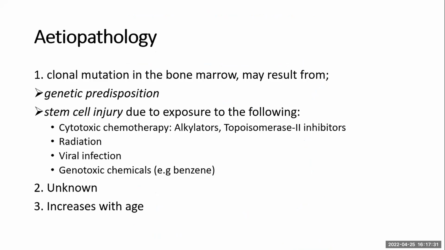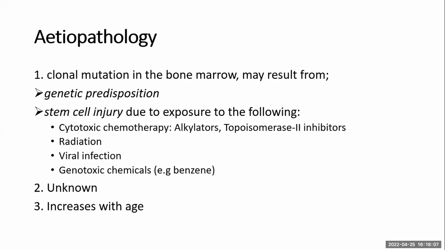So in terms of pathophysiology, usually there is a clonal mutation in the bone marrow that may result from things like genetic predisposition, for example, in families with germline mutations, or it may be due to stem cell injury as a result of exposure to things like cytotoxic chemotherapy that we use to treat patients with other malignancies, like alkylating agents, like your cyclophosphamide, the topoisomerase 2 inhibitors, exposure to radiation as a result of treatment as well, or other viral infections.